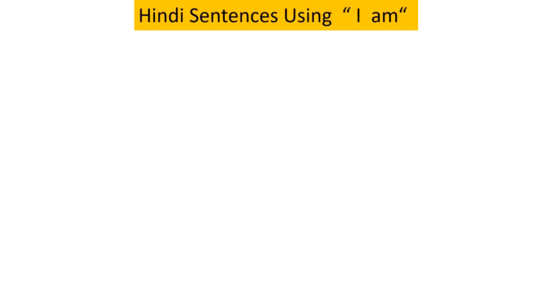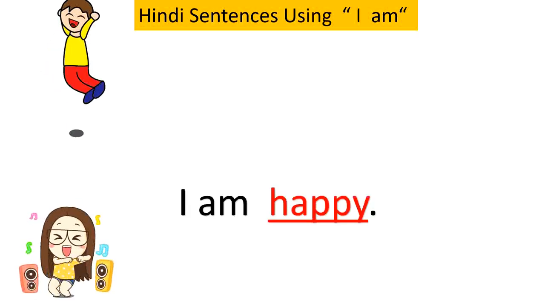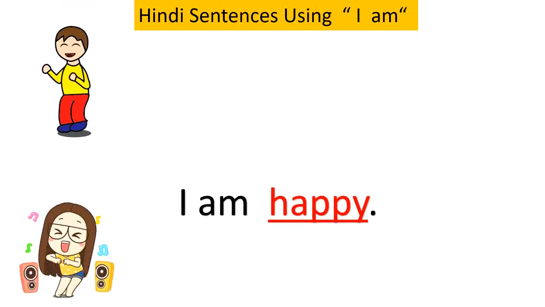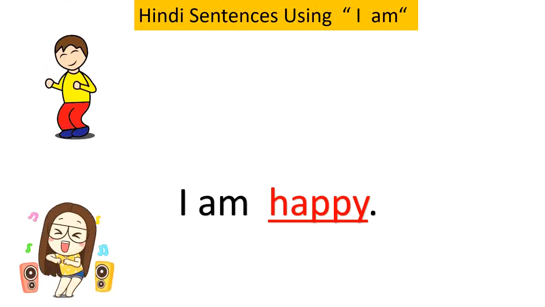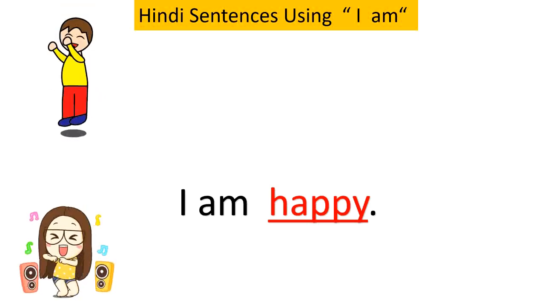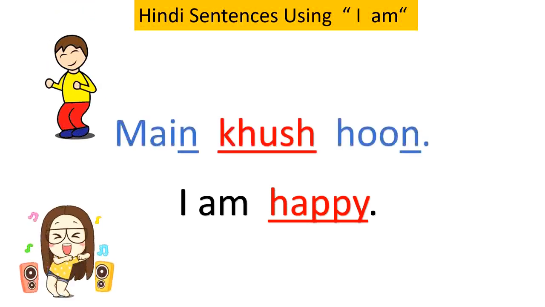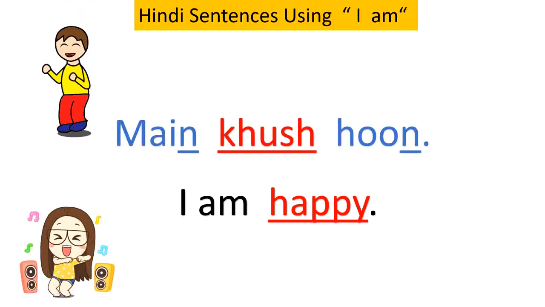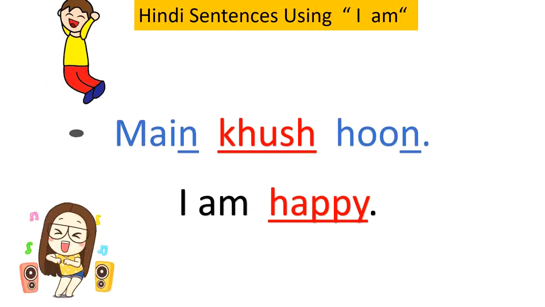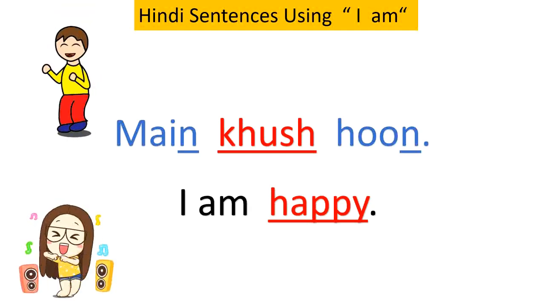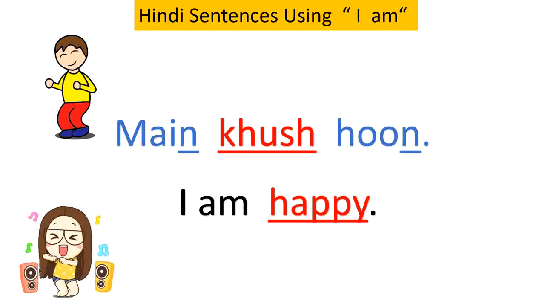Next sentence, I am happy. We have just learned happy is khush. Now in Hindi, khush will go in between मैं and हूँ. The sentence will be मैं खुश हूँ.